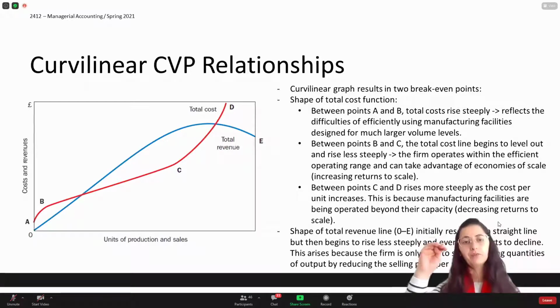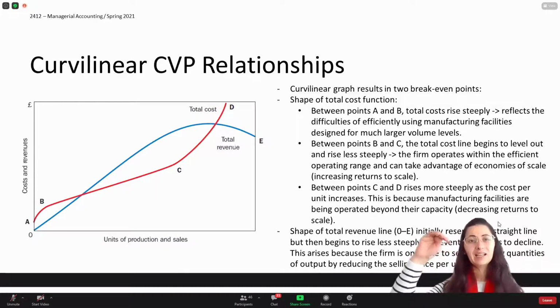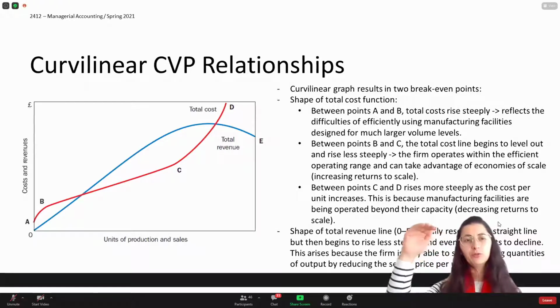But after a certain point, if we want to sell more, as we have to decrease prices, we actually start seeing the revenues decreasing. Okay? So this is what we see in curvilinear relationships, and this is what normally happens.